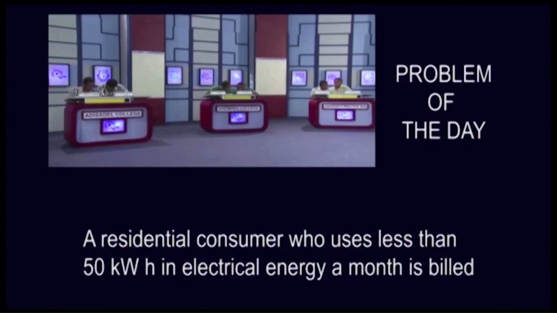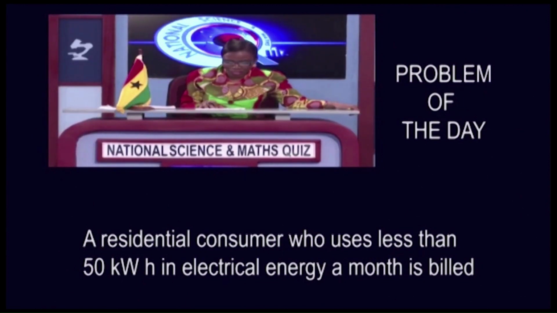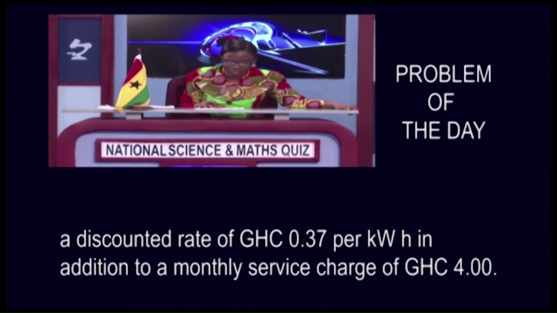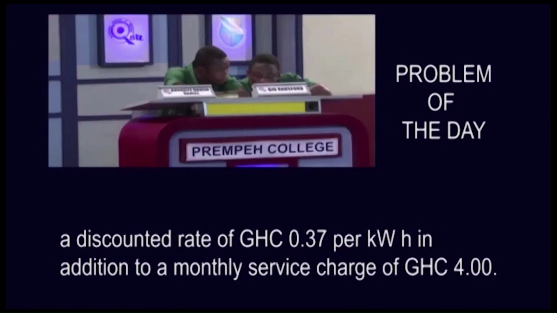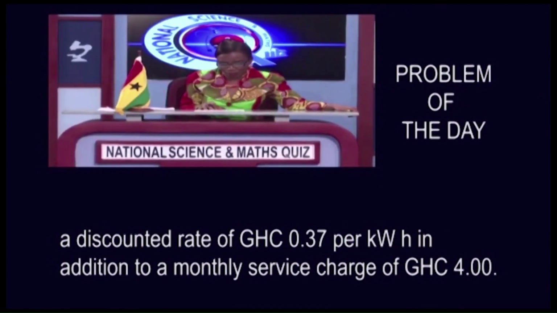Problem of the day. A residential consumer who uses less than 50 kilowatt hour in electrical energy a month is billed a discounted rate of 0.37 Ghana cedis per kilowatt hour, in addition to a monthly service charge of 4 Ghana cedis.